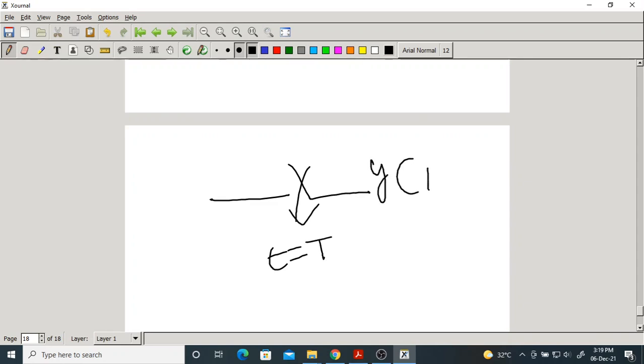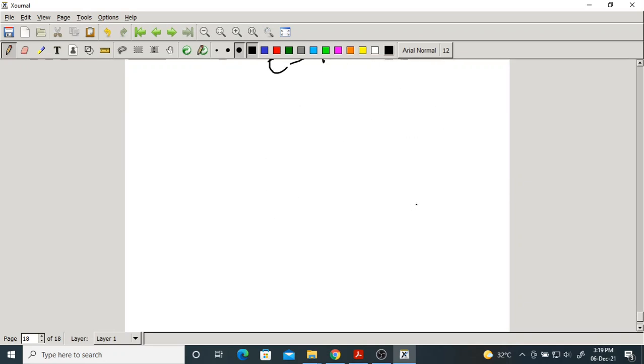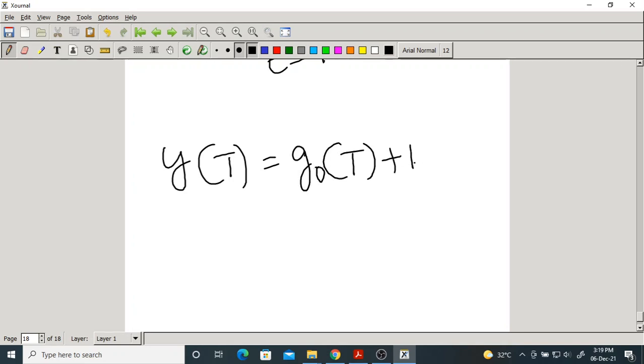Y of capital T is G naught of capital T plus some noise n of t, also sampled at t equal to capital T. Remember, I am writing t equal to capital T here.